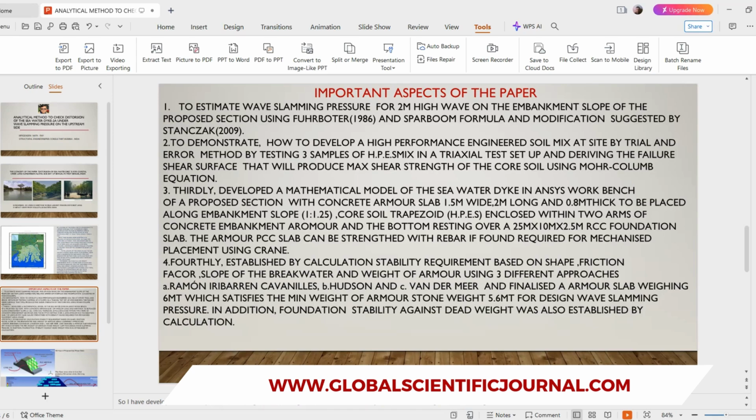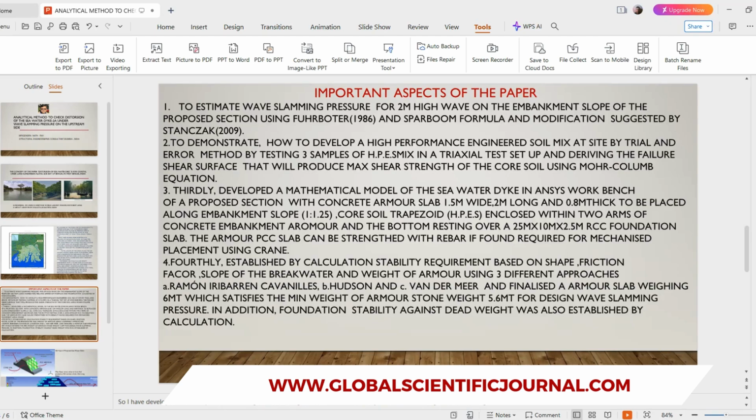The core soil trapezoid is enclosed within 2 arms of concrete embankment armor, and the bottom rests on a 25 meter by 10 meter by 2.5 meter RCC foundation slab. The armor PCC slab can be strengthened with rebar if found required for the mechanized placement using crane.